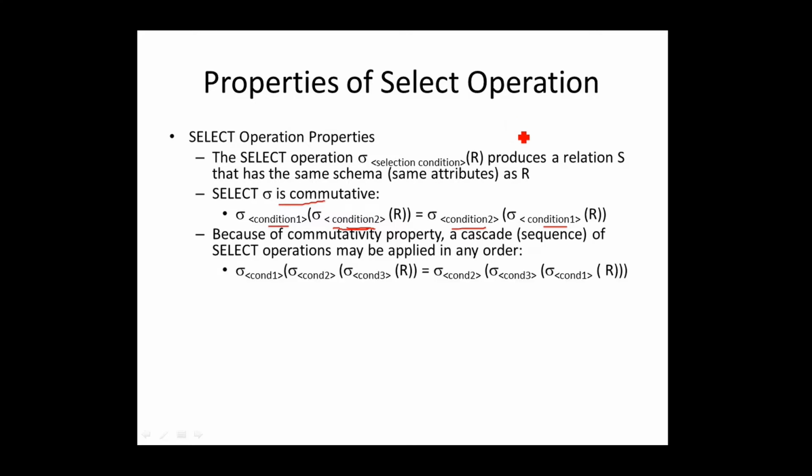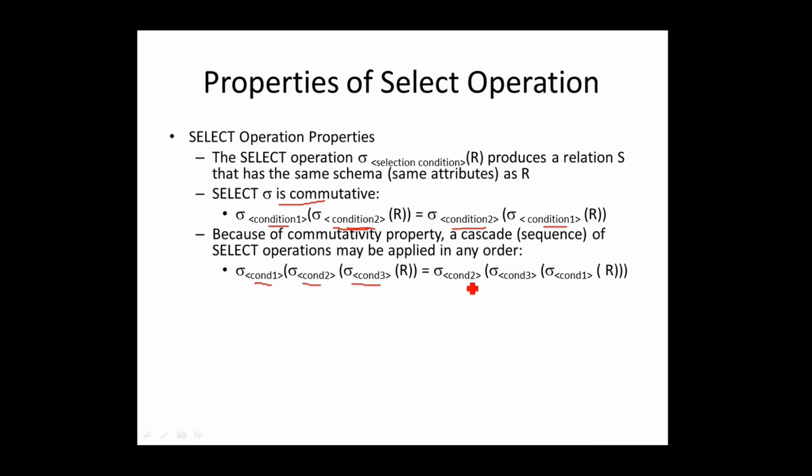And you can also cascade. Based on commutative property, a cascade of select operations may be applied in any order. So there is no order. You can just interchange the operations. First I apply condition 3, next condition 2, next condition 1, or it can be condition 1, condition 3, and condition 2.